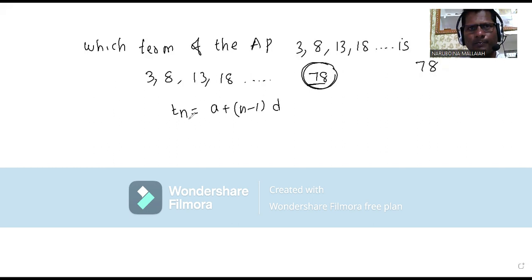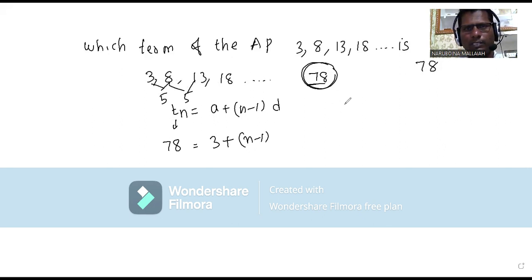You know it. In the place of Tn, write 78. This term is 78. A, the first term, is 3, plus n minus 1, as n is not known. The difference D is what? 8 minus 3 is 5, 13 minus 8 is 5.